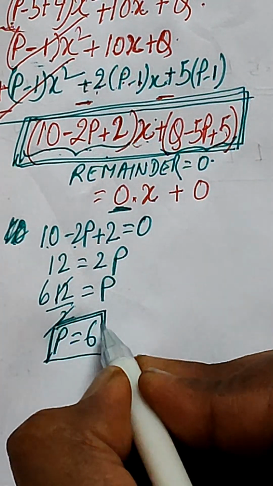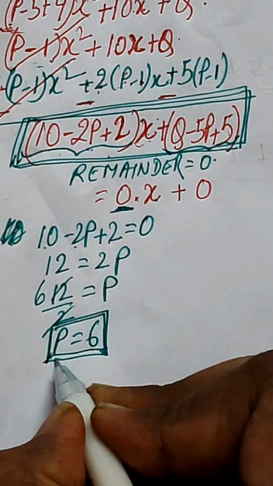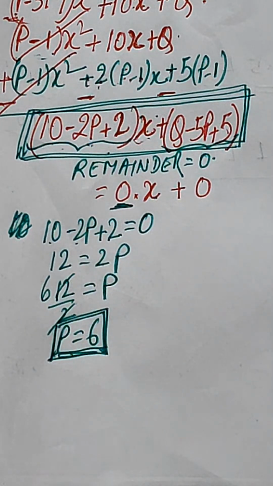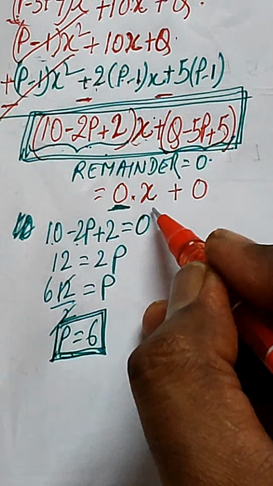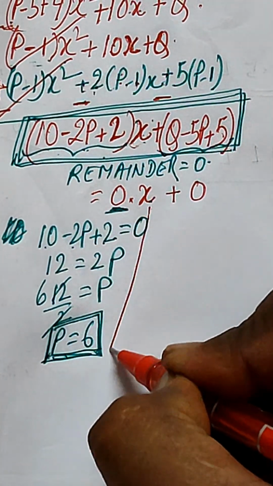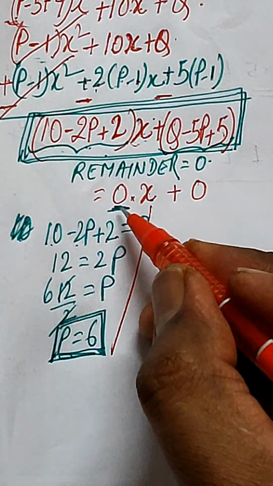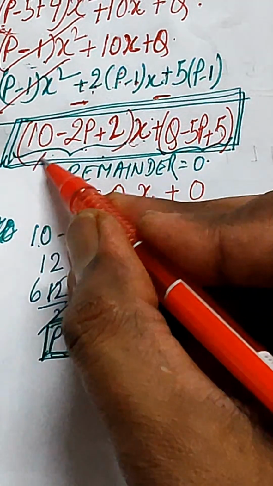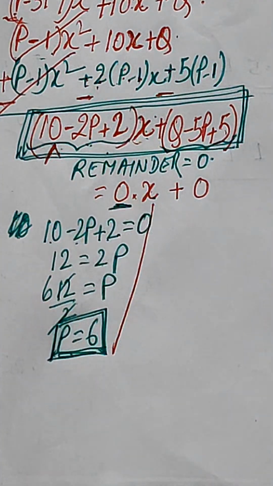The value of p is calculated as 6, right? Now, this happens with the coefficient of x. This 0 is equated with this, right?